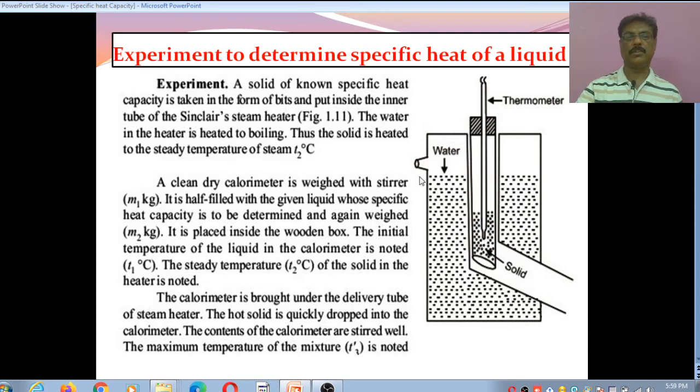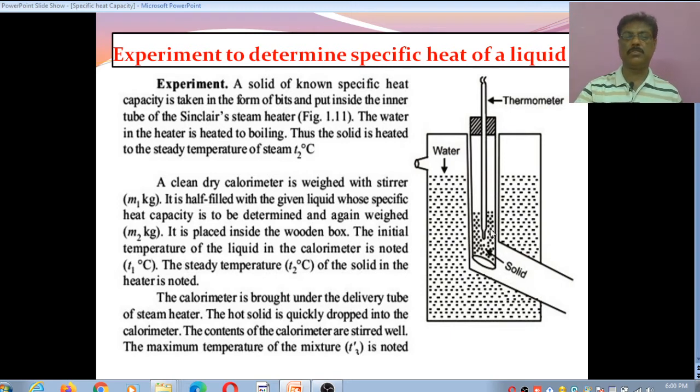Look at the figure here. This is the schematic diagram of a steam heater. Here is the inner tube. The inner tube is fitted with a one-hole rubber cork, and a thermometer is inserted.